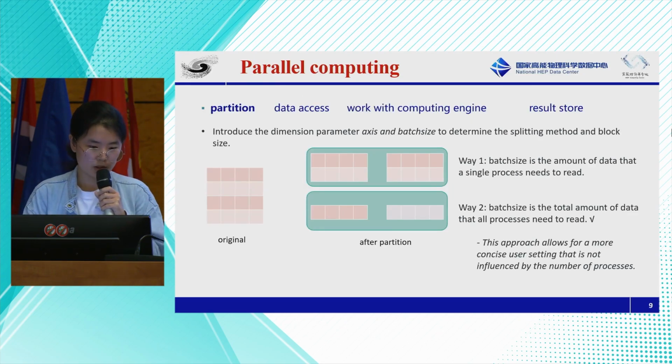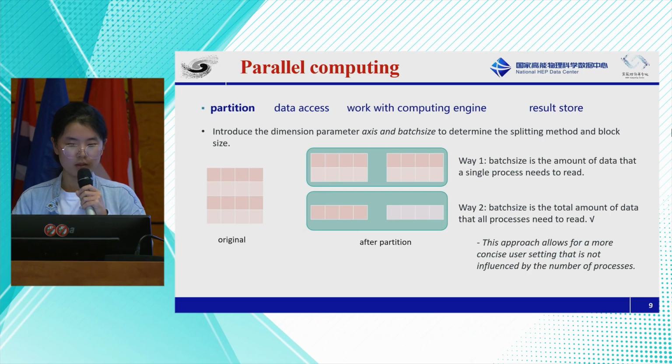So first, for partition, we introduce dimension parameters to determine the splitting method and block size. The batch size means the total amount of data that our process needs to read. In this way, users are not influenced by the number of processes.